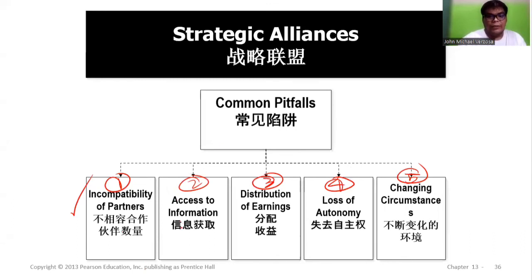They might not have the complete information. And then they might argue, of course, with the distribution of earnings. Okay. So number 4 is the loss of autonomy of the strategic alliance.